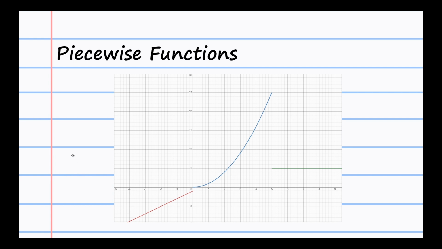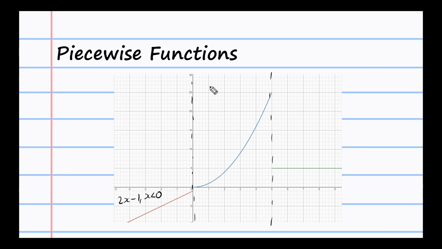So this is the same piecewise function that I had written previously. This is the 2x minus 1 graph that exists when x is less than 0. So I'm just going to divide this portion.